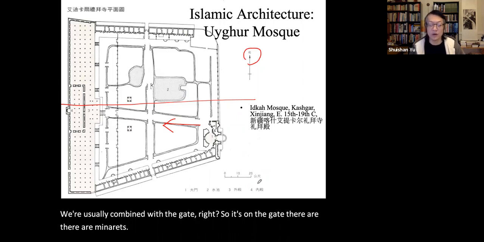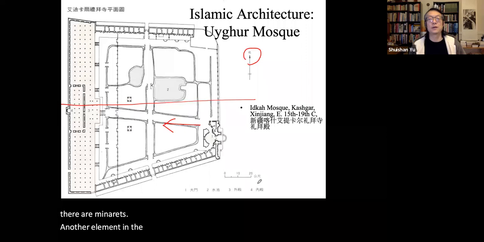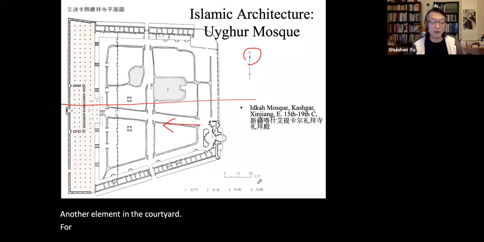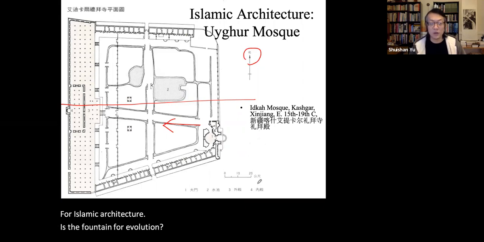Another element in the courtyard for Islamic architecture is the fountain for ablution. So the Muslims need to purify themselves, washing their hands and face before the entrance to the prayer hall.